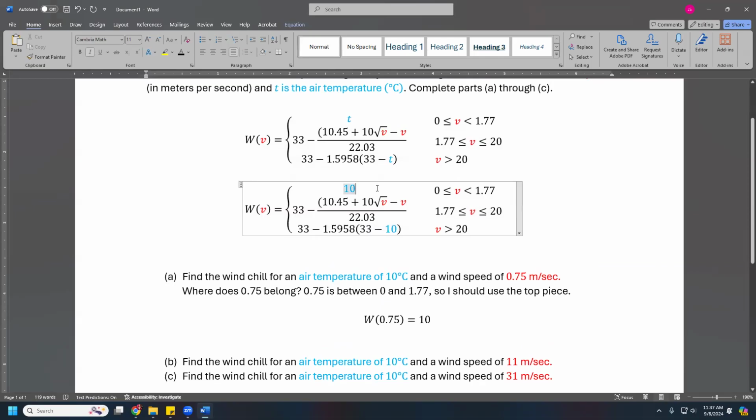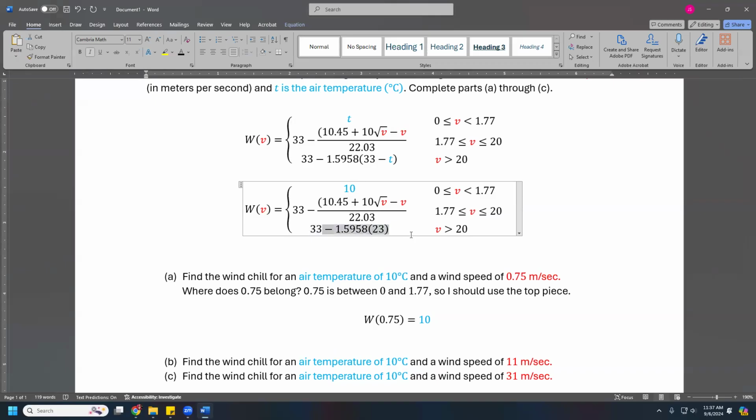So I'm plugging in 0.75 for V, but I don't have any V's to replace. My answer is just 10. Okay, and also I'm going to simplify this because I'm noticing 33 minus 10. I can actually do that. That would give me 23.